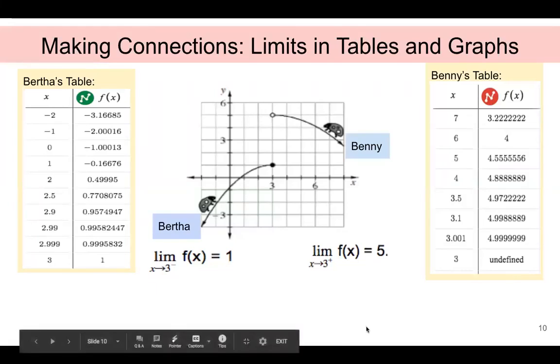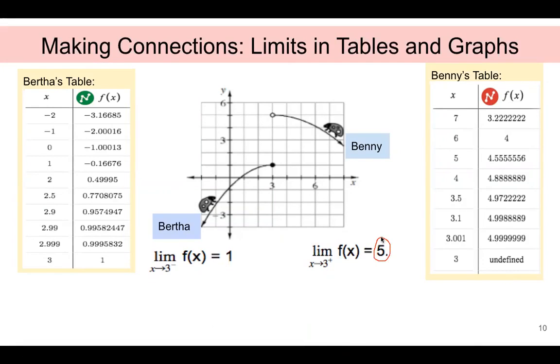But even if the point is undefined, I still know that my limit will exist and that Benny will still end up at 5. What connections can we make to what's happening in his table? Notice how I don't really care what's happening here when it comes to limits. What I do care about is what the function is doing as I get really, really close to 3.